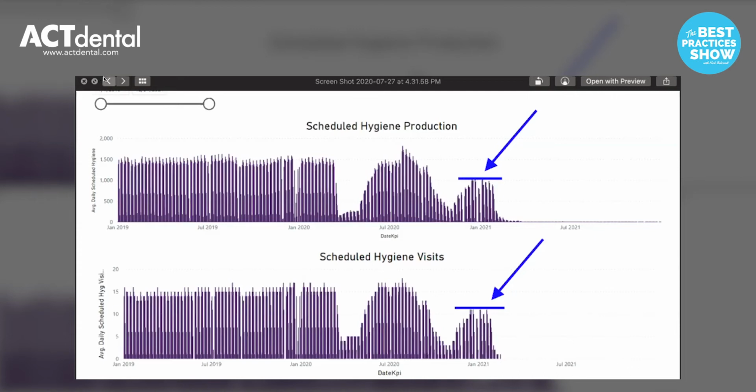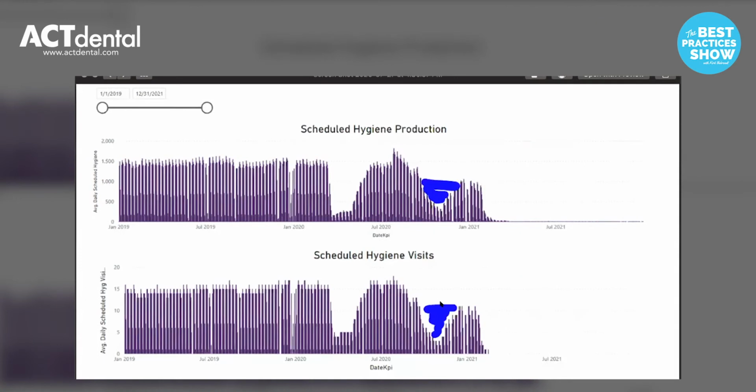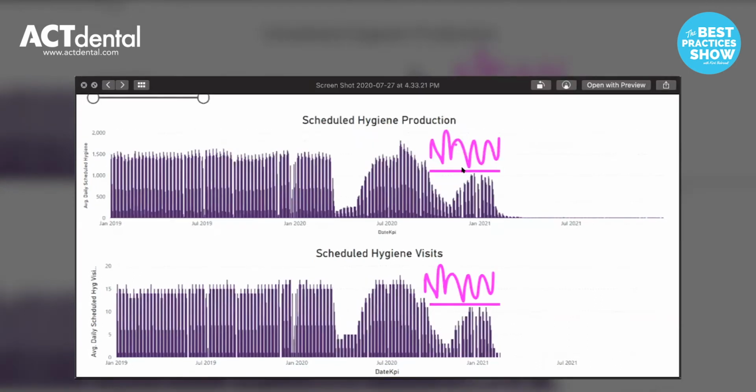There's a hole here. This hole, we need to fill up to that regular level, and to do that, there's going to need to be some type of action. If we're up to this pink line, the team is great at filling above that.